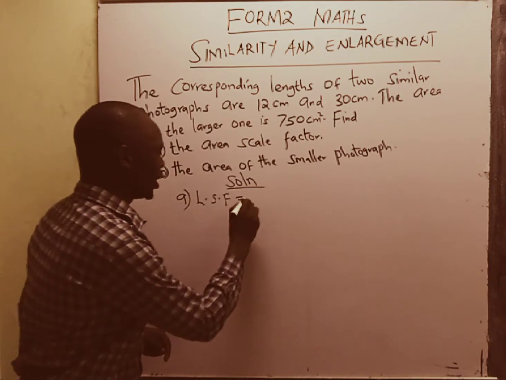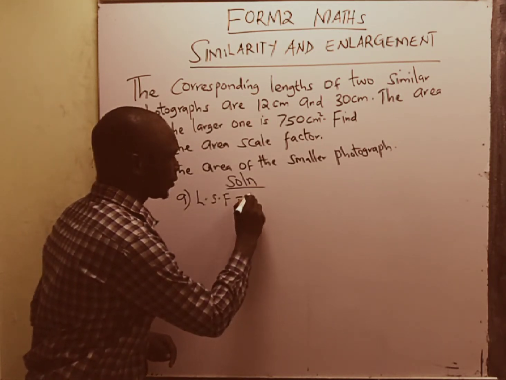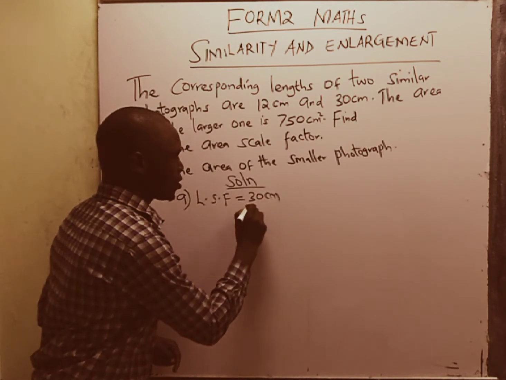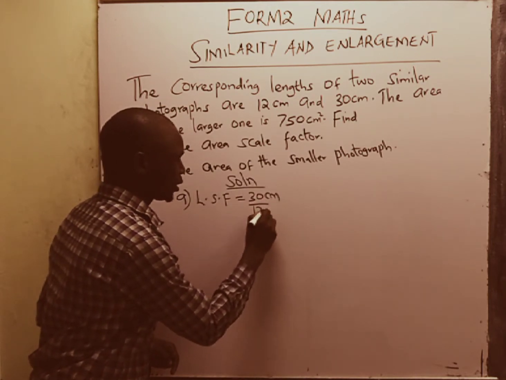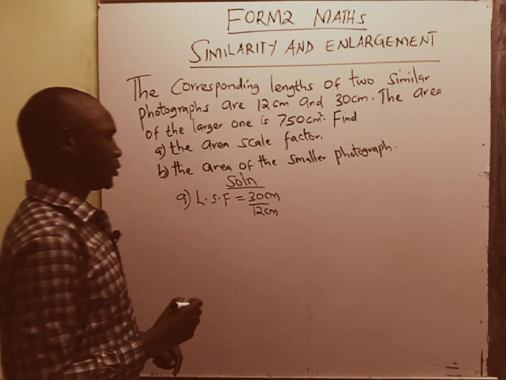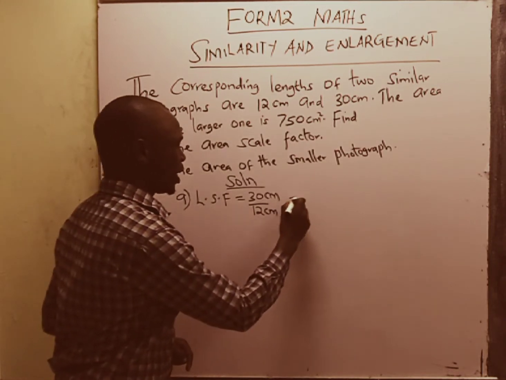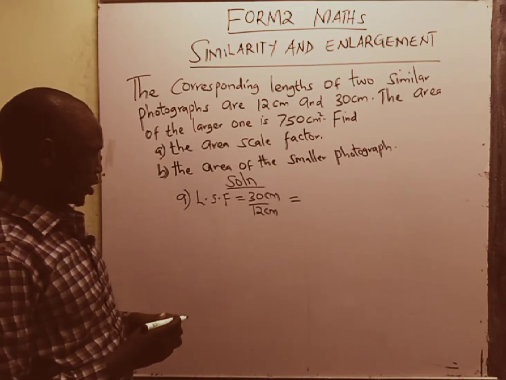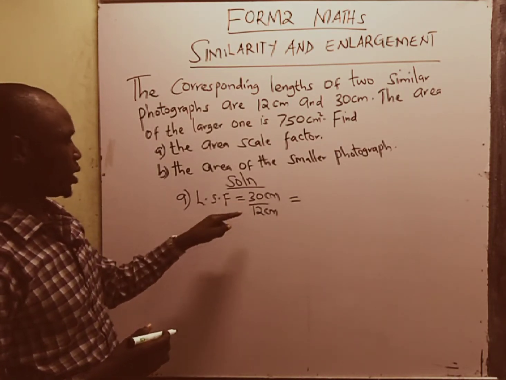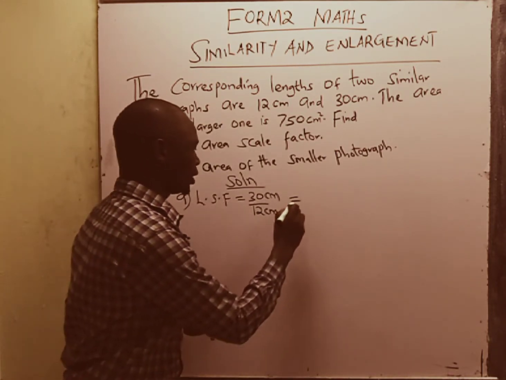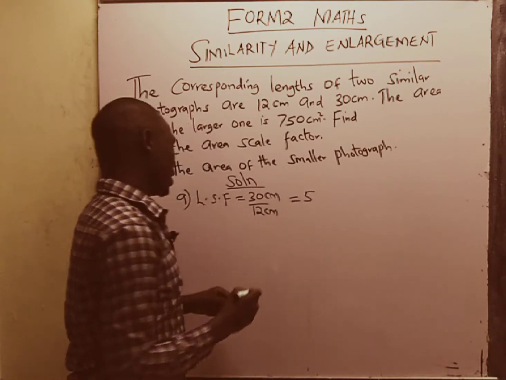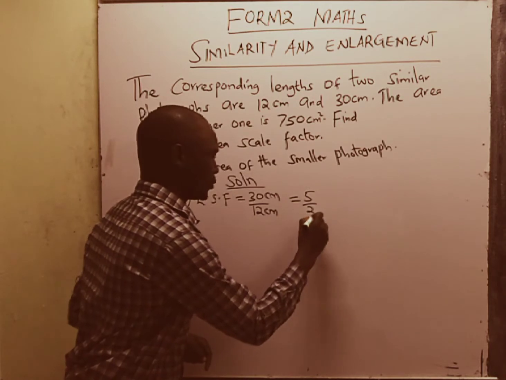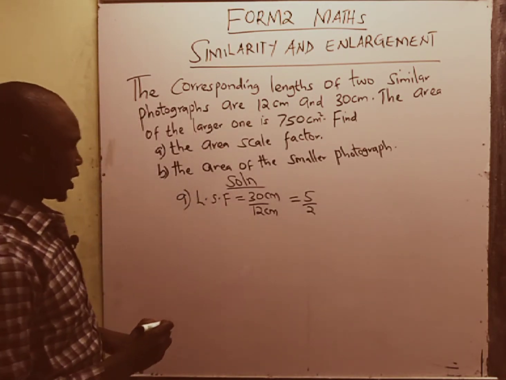In this case, if we talk about the larger photograph, which is 30 centimeters, you divide by 12 centimeters. Centimeter and centimeter will cancel so that we have 30 divided by 12. And if you reduce the two using the common factor, which is 6, it goes into 30 five times. It also goes into 12 two times. That is what we call the linear scale factor.